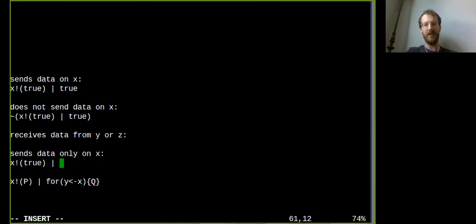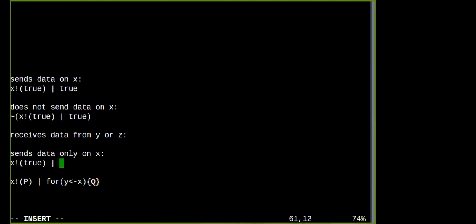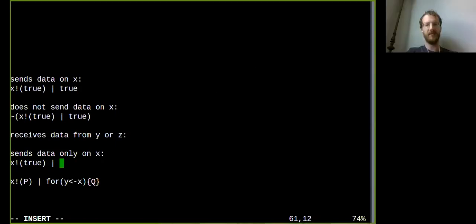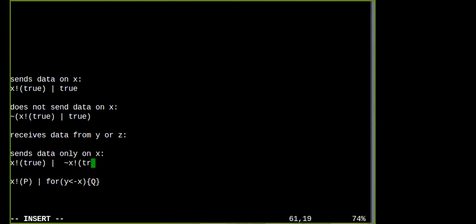The nice thing about our logical formula, though, is that we can talk for a second about all the things that don't send on X. So do we need to say something like doesn't send on not X?